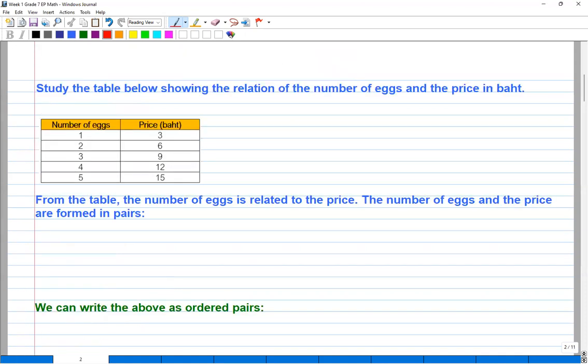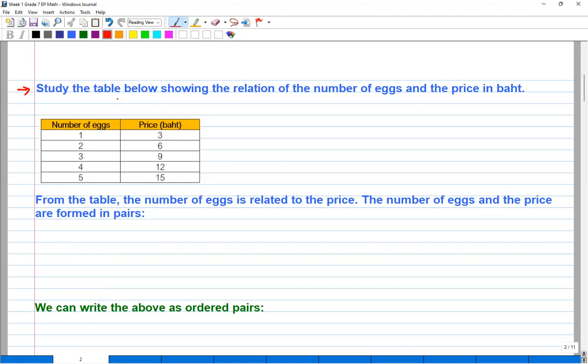Now, study the table below showing the relation of the number of eggs and the price in baht. This table is showing us how the number of eggs is related to the price in baht. For instance, we can see that one egg is bought at 3 baht.